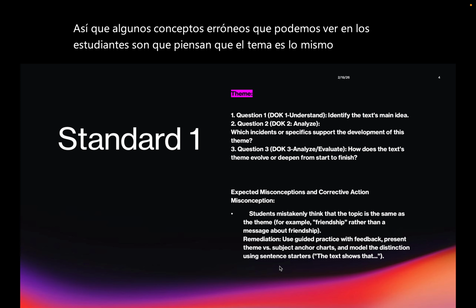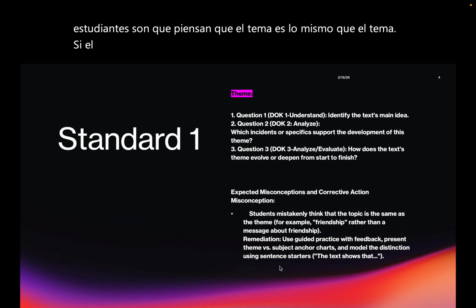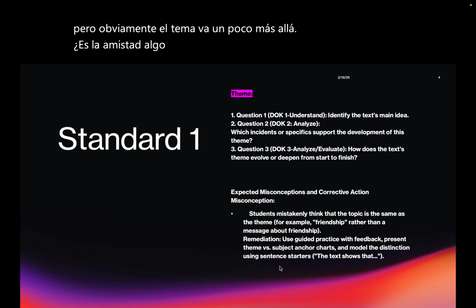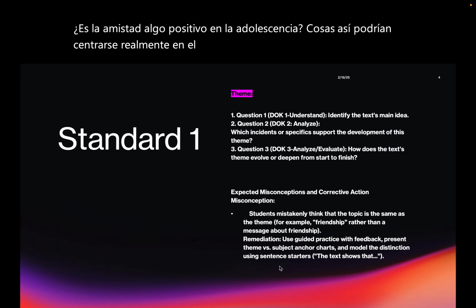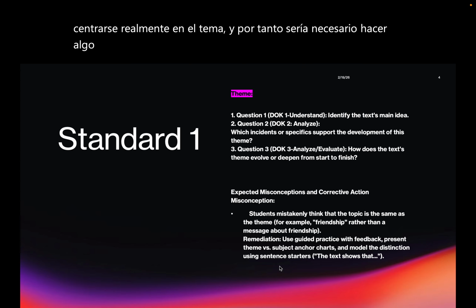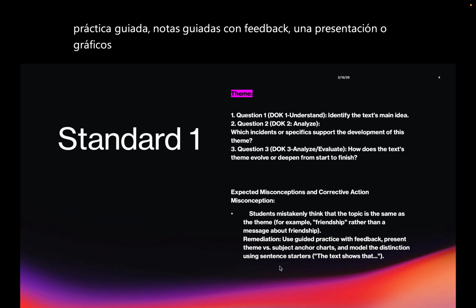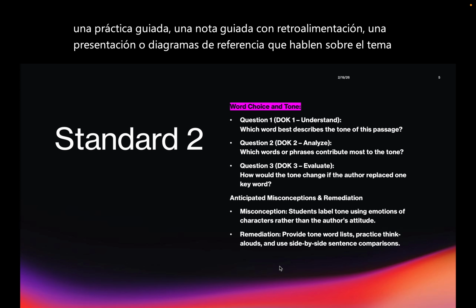So if the topic is about friendship, they will say that the theme is friendship, but the theme obviously goes a little bit deeper. Is friendship a positive thing to have in an adolescent's life? Things like that could really focus on the theme. And so some remediation would be guided practice, guided notes with feedback, a presentation or anchor charts that talk about theme and how we can discover it.